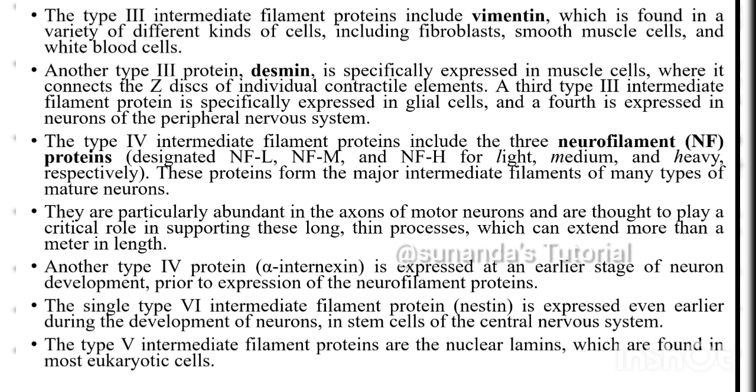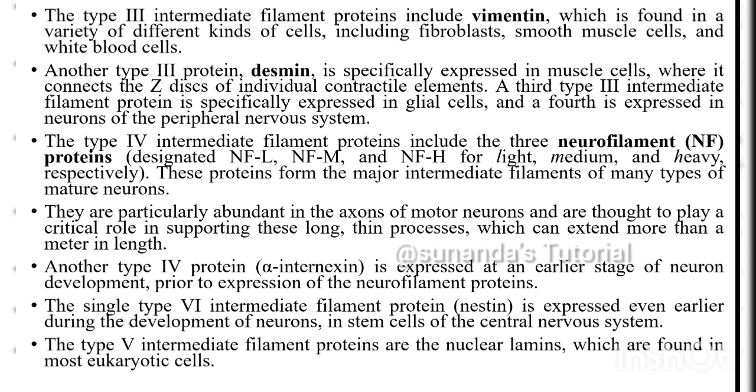Type 4 intermediate filament proteins include neurofilament proteins. They are particularly abundant in axons. Okay. Next, this protein is expressed in earlier stages of neuron or nerve cell development.